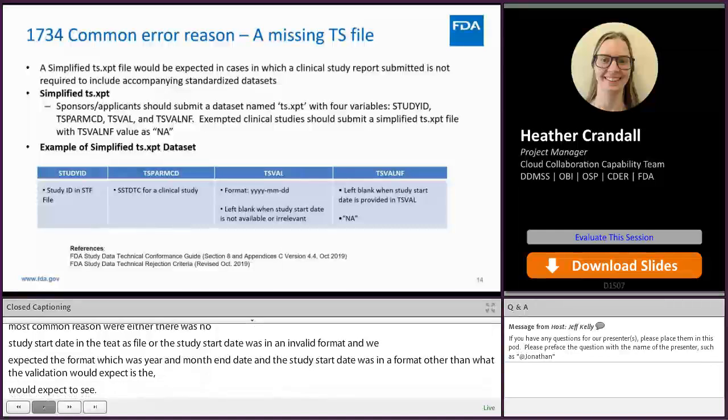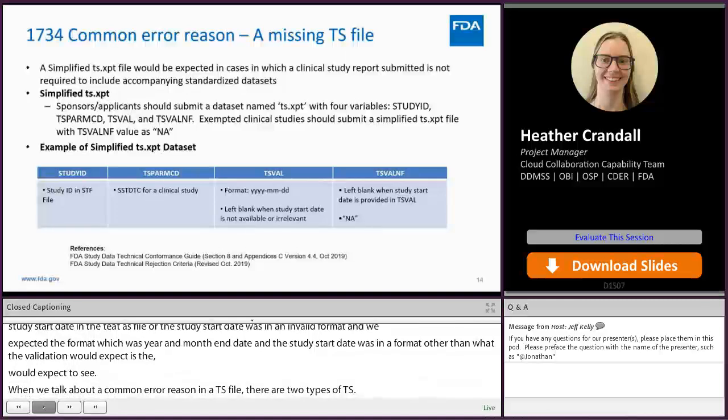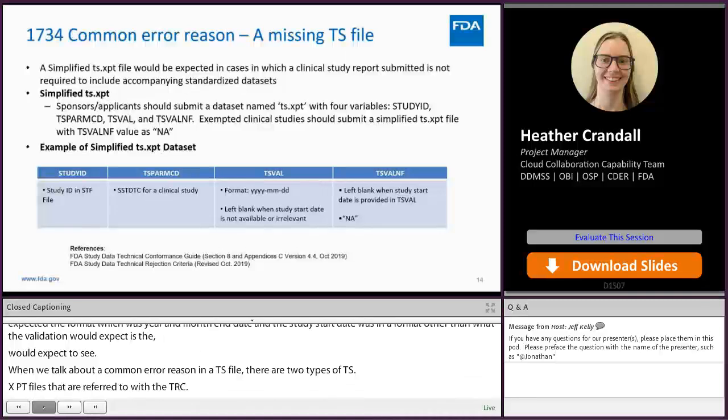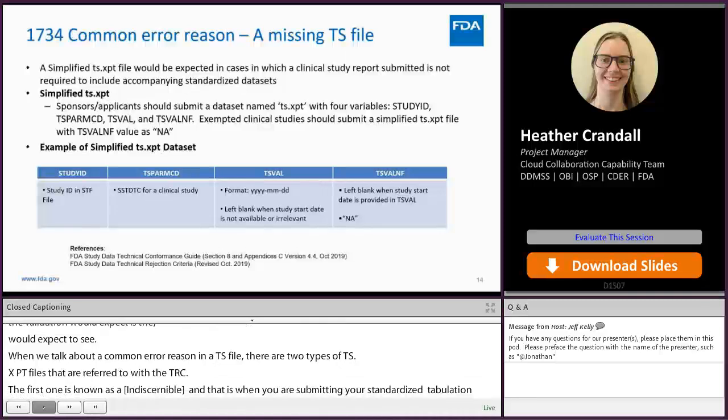The first one is known as a full ts.xpt file, and that is when you are submitting your standardized tabulation or analysis data, you submit a ts.xpt file that is in CDISC format, so a standard ts.xpt file.